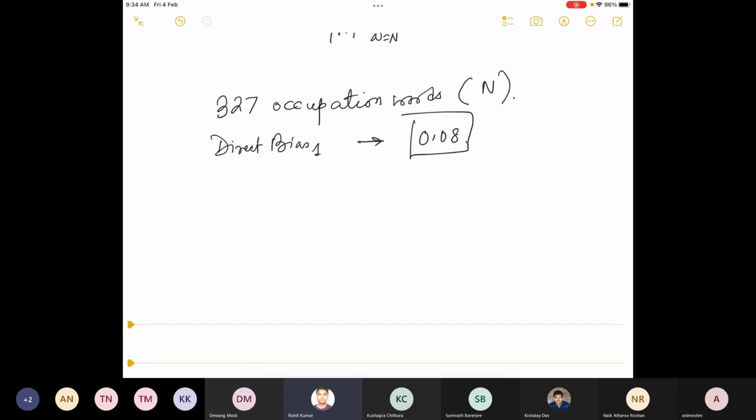Very low? See, there are 327 words, and you are normalizing this value over 327. So this is the average.